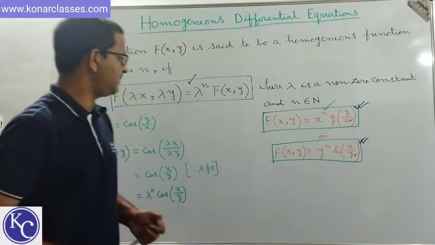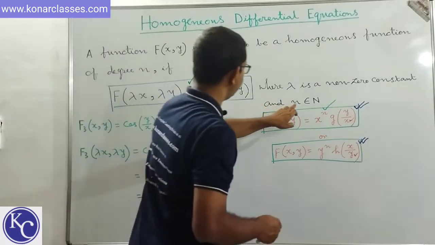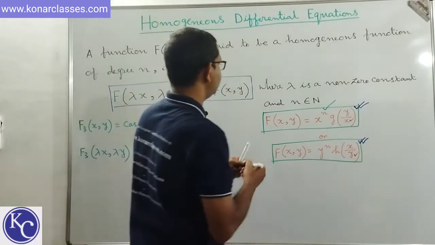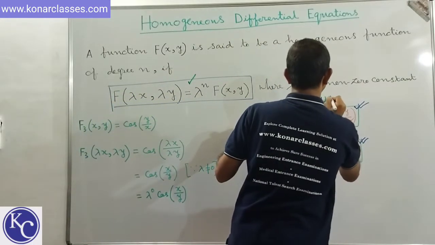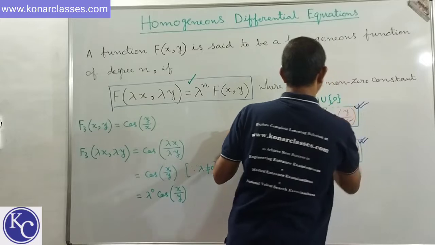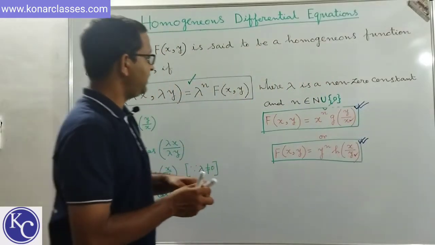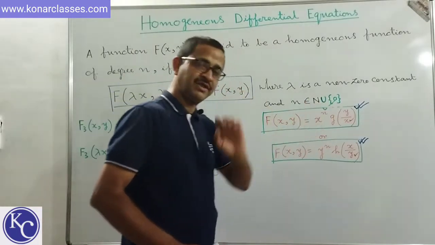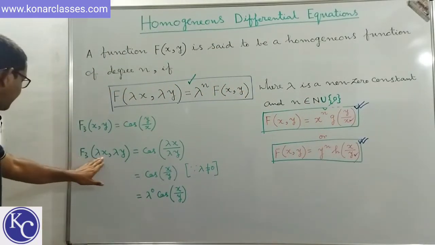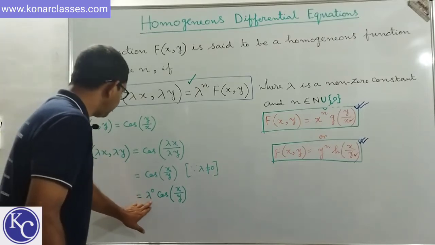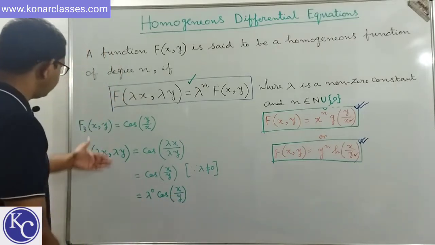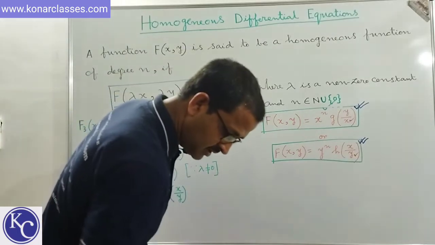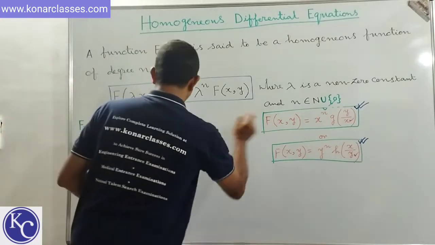And one statement I can make, dear students: when we say that n belongs to the set of natural numbers, we can also add the union with the element 0, meaning the value of n could be 0, 1, 2, 3 like this, 0 or any natural number. So f3(lambda x, lambda y) is equal to lambda to the power 0 into cos(x by y). From this definition we can say it is a homogeneous function of degree 0.